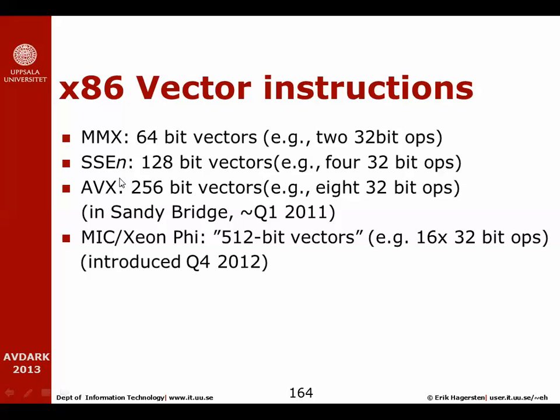AVX, which was released a couple of years ago as a new instruction set for the Sandy Bridge chips, has 256-bit vectors. And the Xeon Phi, which was released almost exactly a year ago at Supercomputing last year, has 512-bit vectors, so you can do 16 32-bit integer operations in a single instruction.